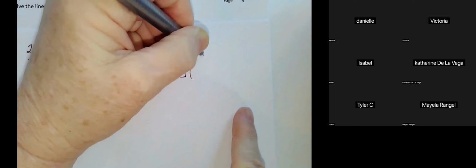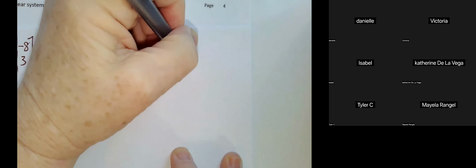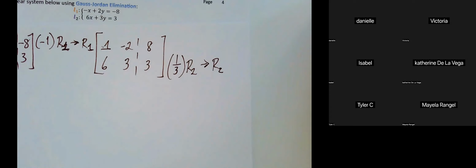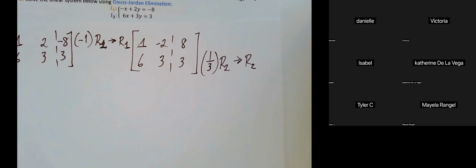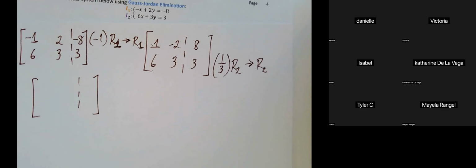So if we want, we can make all of the numbers in row 2 smaller by multiplying by 1/3 or dividing by 3. So we're only doing that because we noticed it.